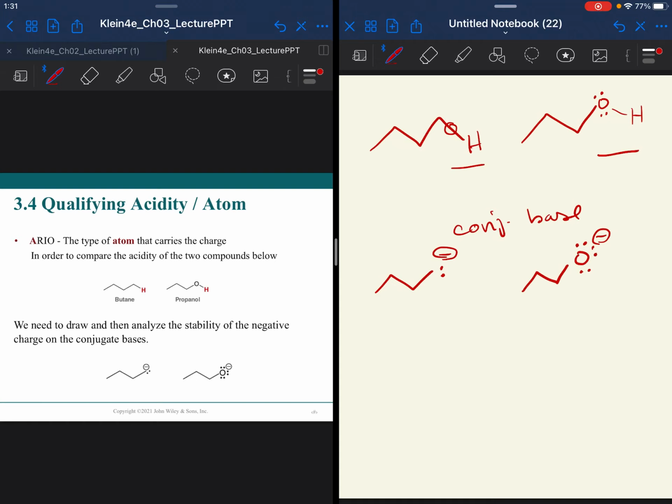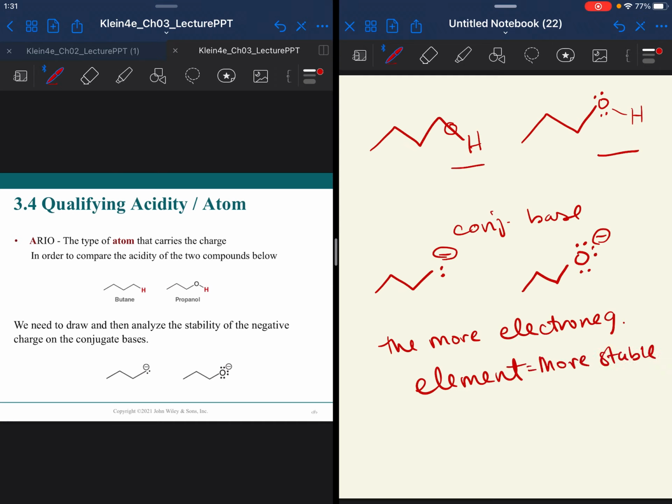Which one's more stable. And so to do this, you are analyzing electronegativity, right? The more electronegative element is more stable with the negative charge.